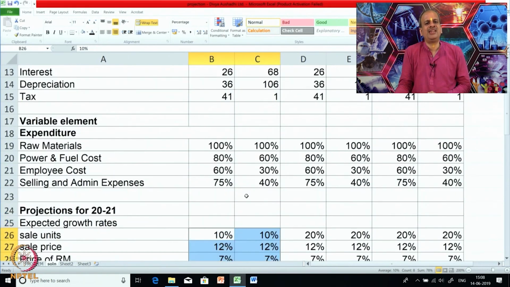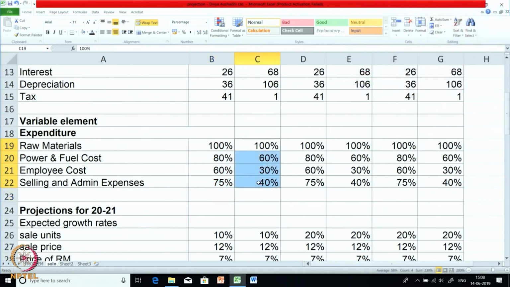I will give you a hint before telling you the answer. Look at this. P has more variability, Q has less variability. So expenses of Q have a more portion of fixed costs. Less variability means more portion of fixed costs.